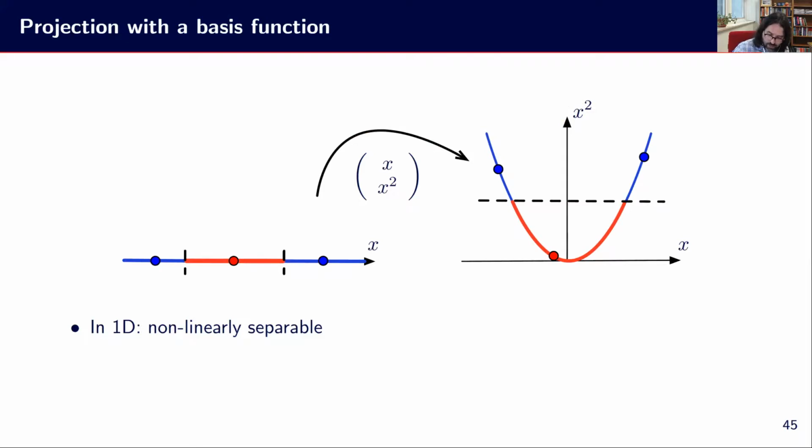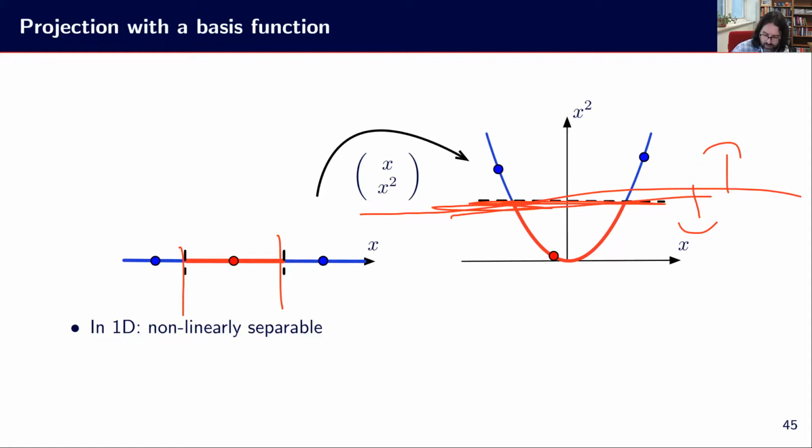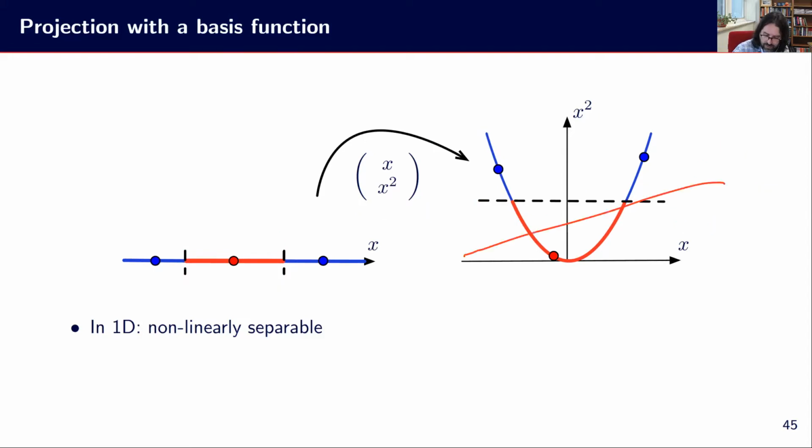What we need to do is have a cut here, with 1 hyperplane, and say everything on that side is blue, everything on the other side is red. That's linear separation in 2D. It gives us 2 thresholds, where we are crossing the x squared curve with our linear function. We can have things like that or things like that. They will just put different thresholds in the 1D space, but the classification will be correct again.